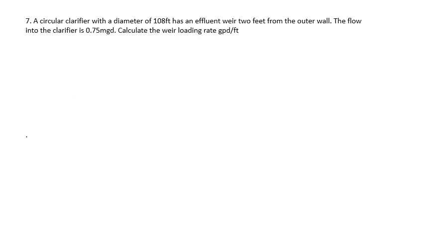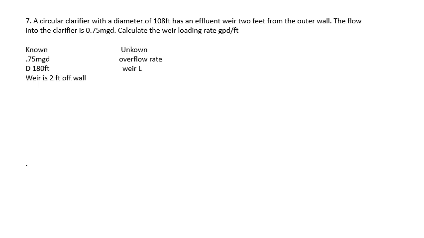Question number 7. A circular clarifier with a diameter of 108 feet has an effluent weir 2 feet from the outer wall. The flow into the clarifier is 0.75 mgd. Calculate the weir loading rate, gallons per day per foot. So now we have an added layer to this question.